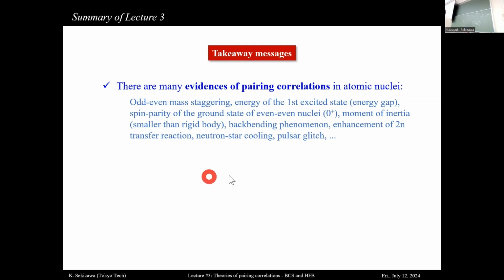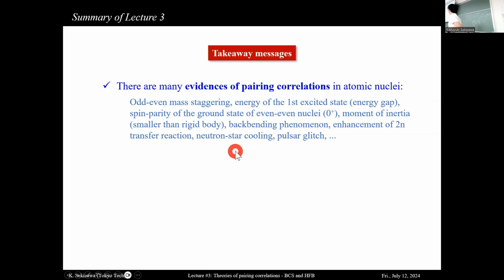In this lecture, I introduced the odd-even mass staggering, and the energy gap of the first excited state for even nuclei, and the spin parity of the ground state of even nuclei, where almost all even nuclei show 0+. And the peculiar behavior of the moment of inertia, which is related to transfer reactions.